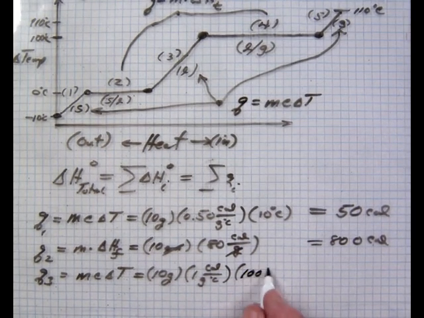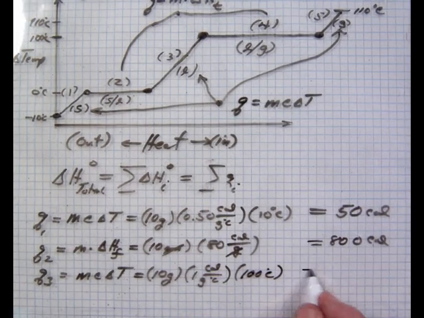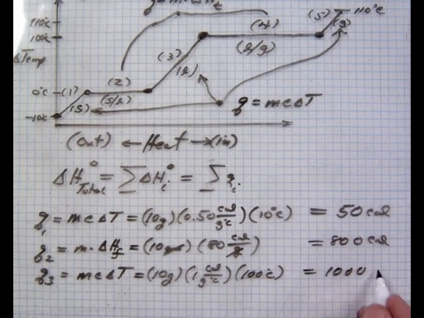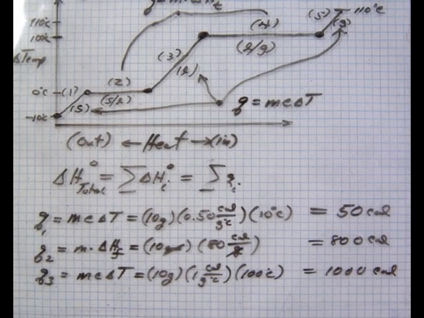That'll be 100 degrees Celsius. Okay, so 1,000 calories to raise the temperature from 0 degrees to 100 degrees. That's 10 grams of water.